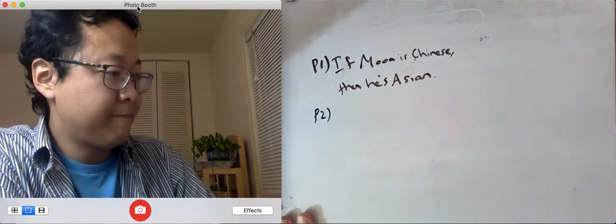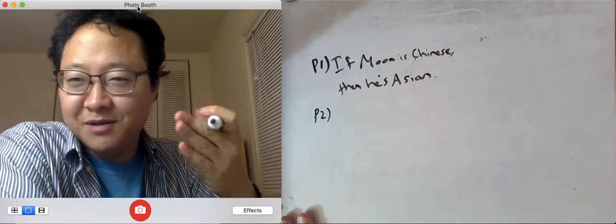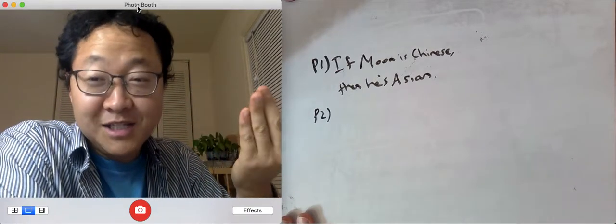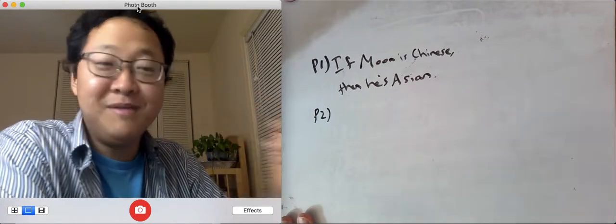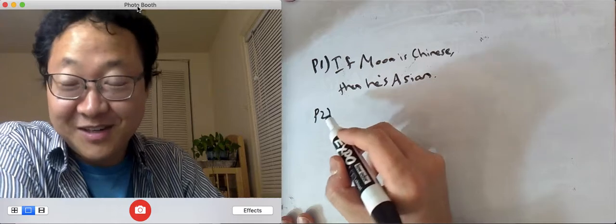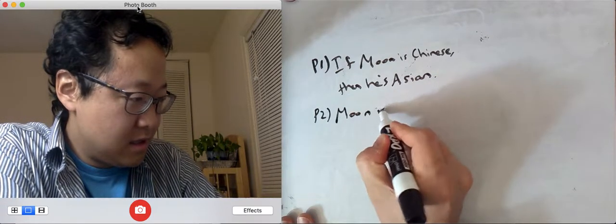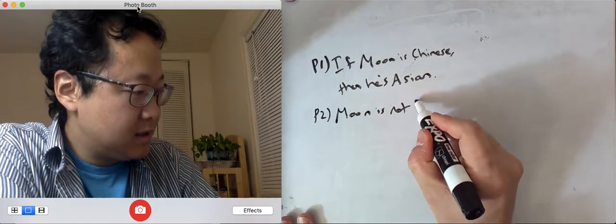Premise 2. Now suppose, well, not suppose, I've already told you this. Am I Chinese? No, I'm not. I explained on the first day of class, I'm actually Korean. So Moon is not Chinese.